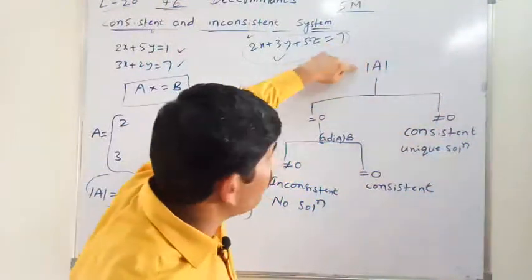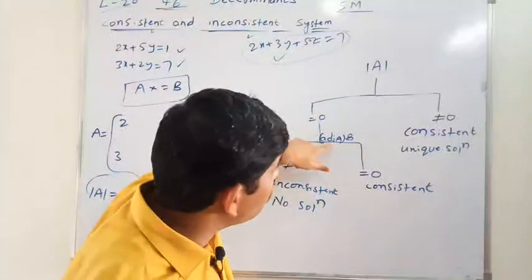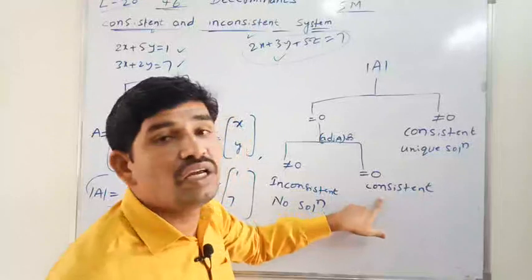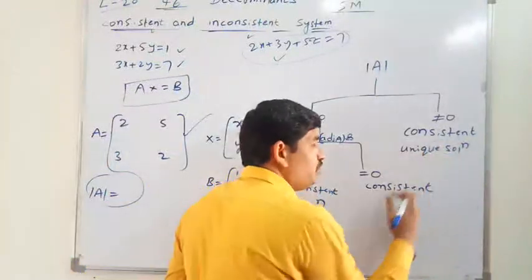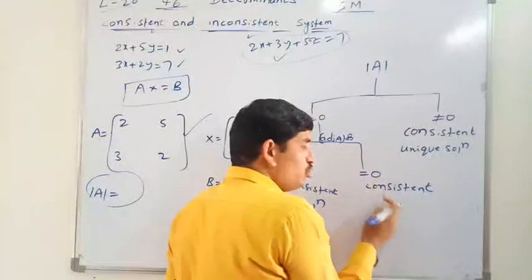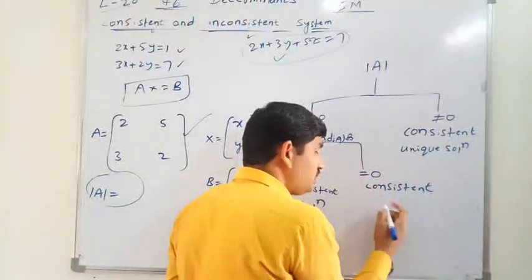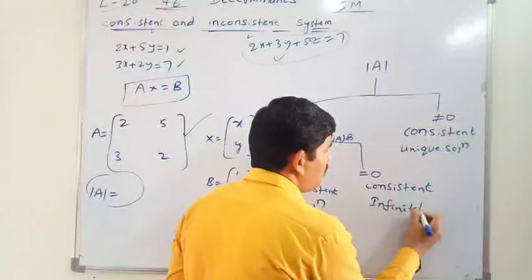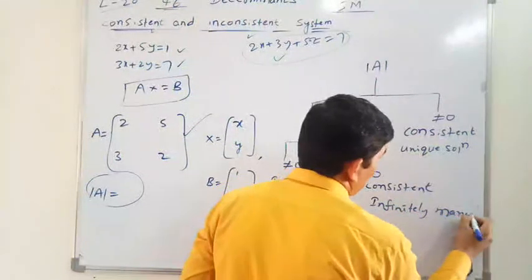Suppose the determinant of A is 0 and after that adjoint A into B is equal to 0, again we write consistent, but there is some difference. If adjoint A into B is equal to 0, we write consistent and infinitely many solutions.